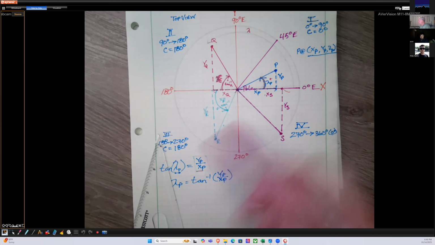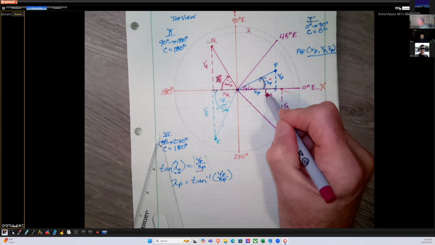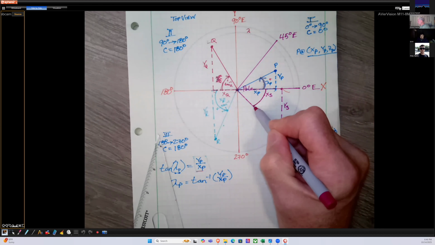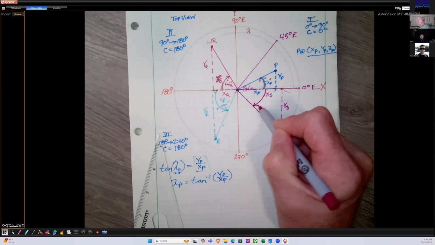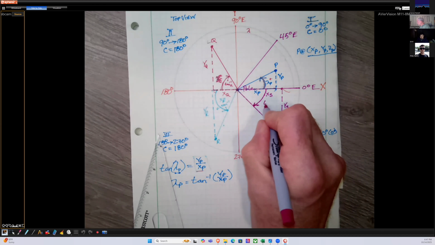Where am I going to draw the angle that it returns? From x sub s to that lower line. And what direction is that? Clockwise. So is that going to return a positive angle or a negative angle? Negative.